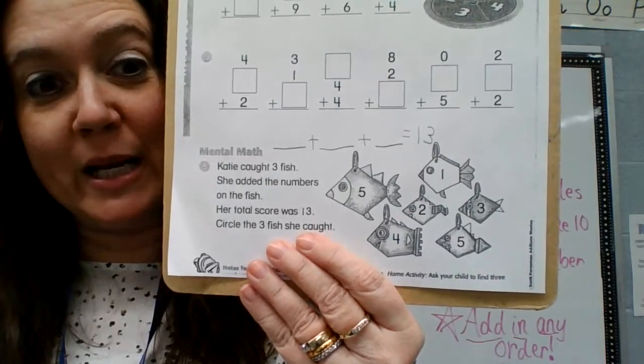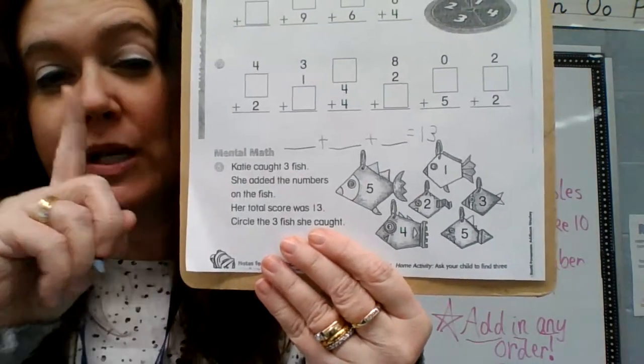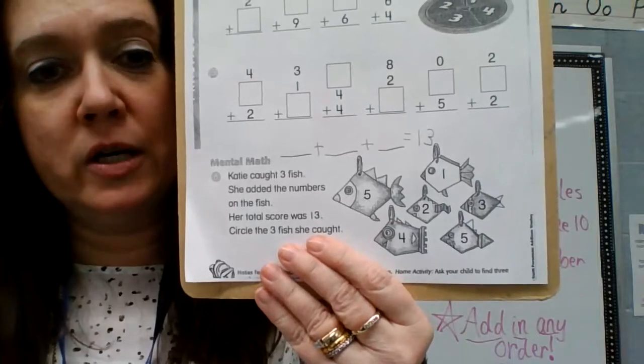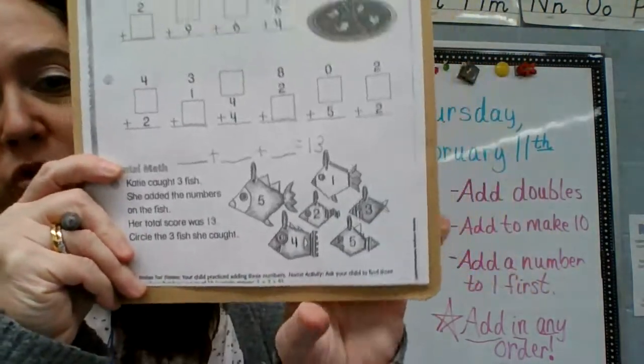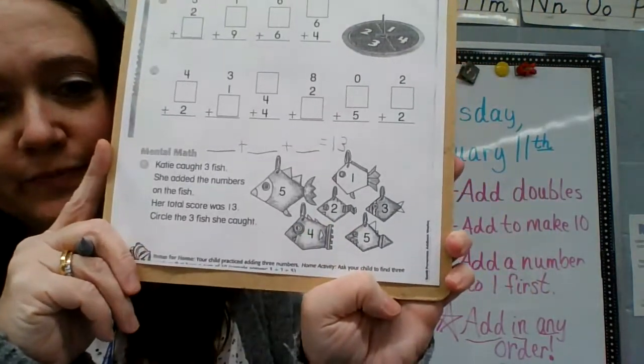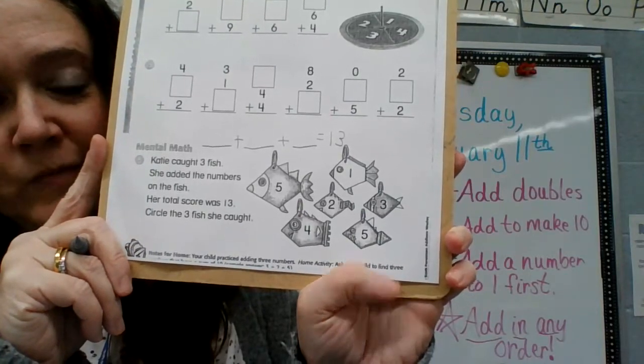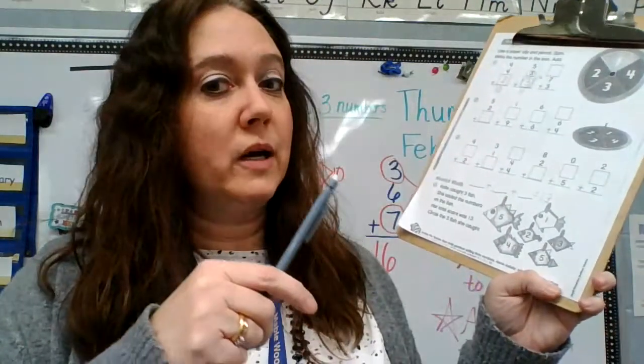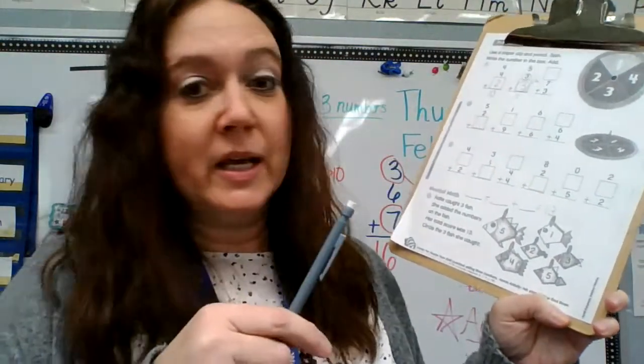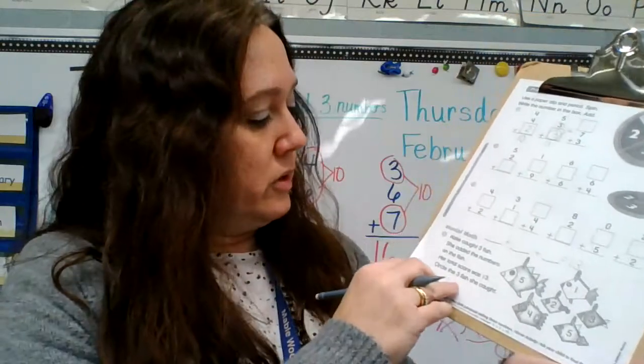Wonder if that gave anybody a hint. But I would still need one more fish so that it equals 13. If you know, I'm not going to say the answer yet. If you know, you can stop the video in just a second.